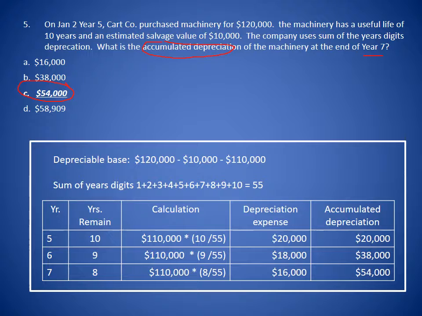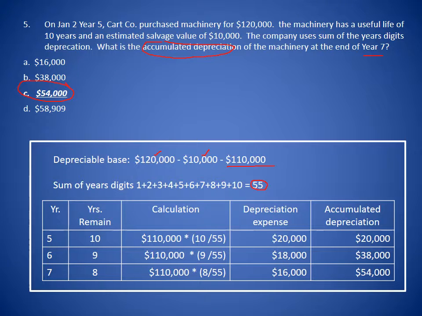If we do a calculation on this, our depreciable base equals our asset cost minus the $10,000 salvage value, so our depreciable base is $110,000. Now the sum of the year's digits over the 10 years, 1 plus 2 plus 3 all the way through 8, 9, and 10, equals 55.